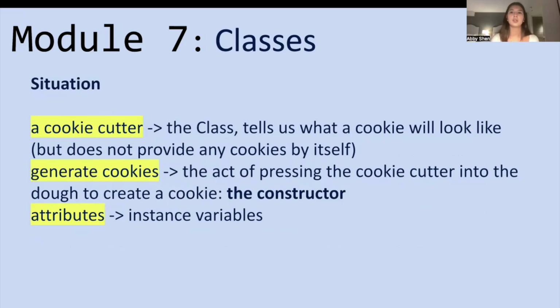So this tells us what a cookie will look like, but the cookie cutter itself does not provide any cookies. The action of making cookies, pressing the cookie cutter into the dough, corresponds to the idea of a constructor method. So this is how you construct new cookies. And then the attributes that all of those cookies share would be the instance variables.